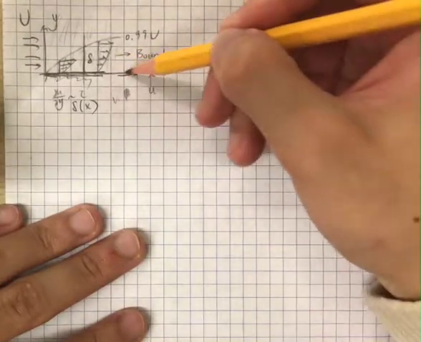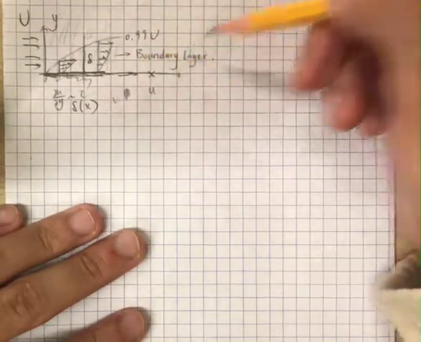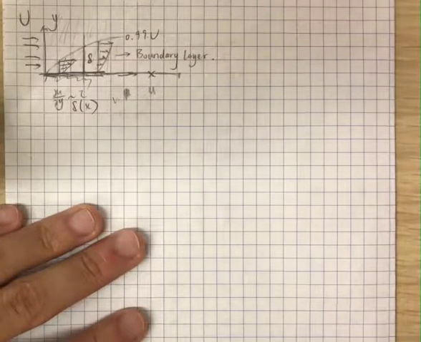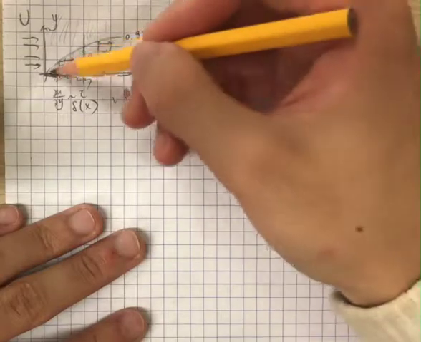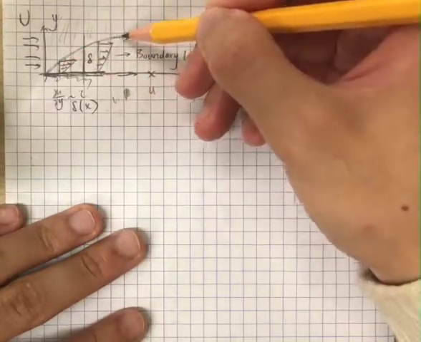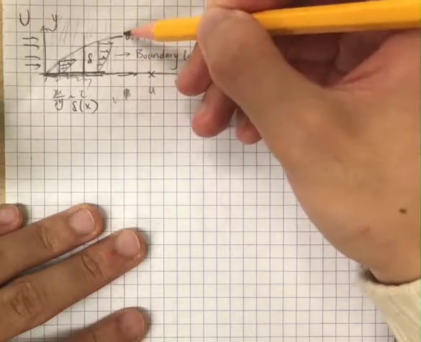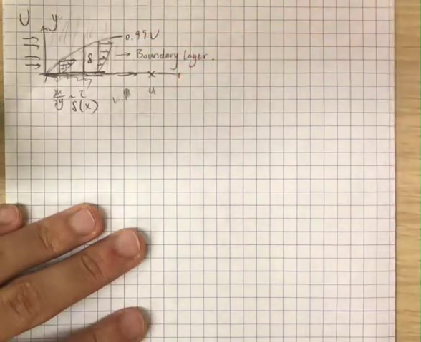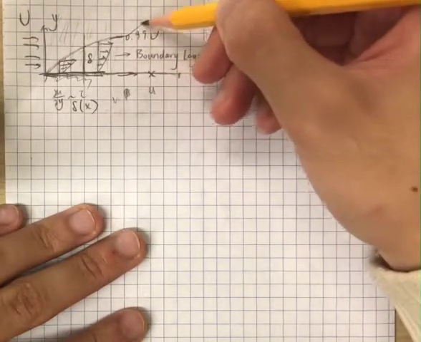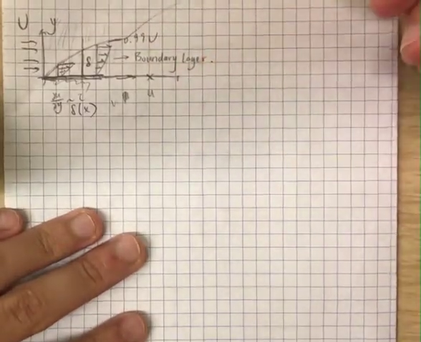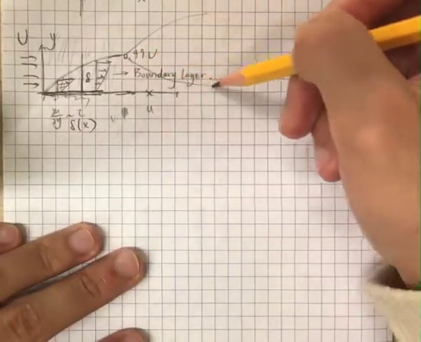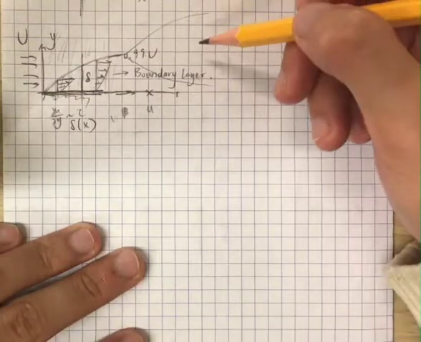Let's say if our board is this long, maybe we can see the transition in the flow conditions. Here we see the flow is laminar, right? Maybe starting from some point, we would expect a transition period. Let's say here, this period is a transition period, and then we reach the turbulent region.